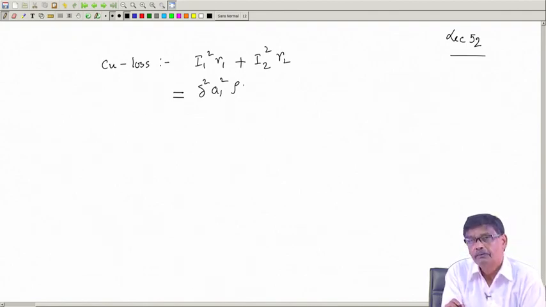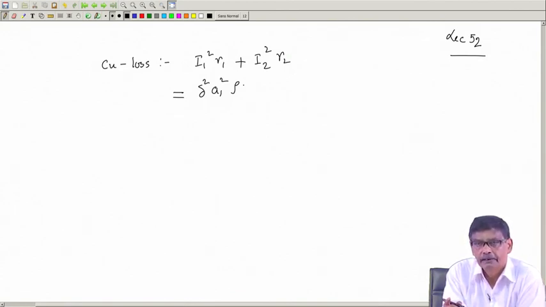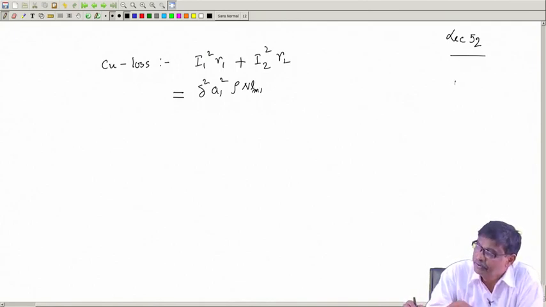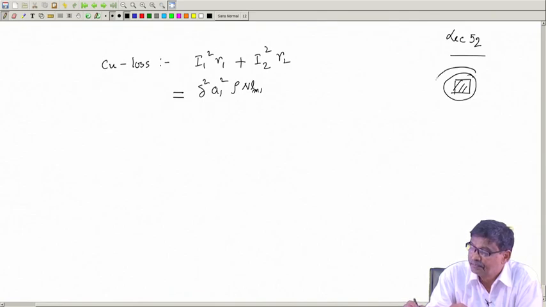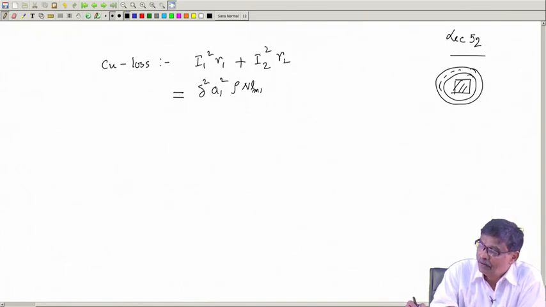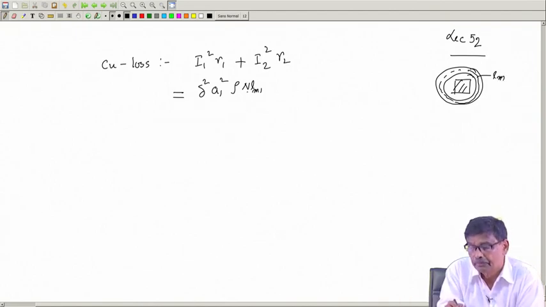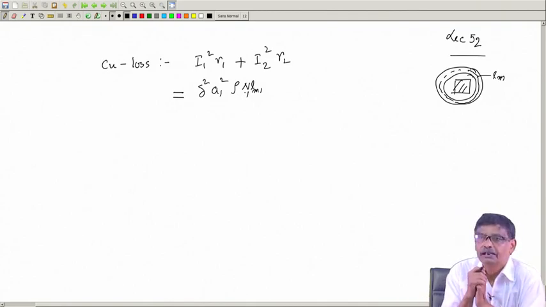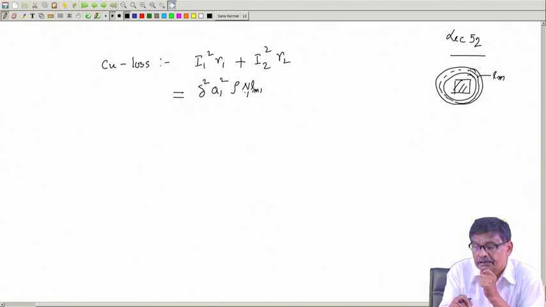Length of the copper will be proportional to the number of turns and the mean length of the turns, because you know this is the core, and the turns will be like this, several turns like this. So, the mean length of one turn you take as Lm, and multiplied by its number of turns N1, Lm, that will give you the estimate of the length of the copper conductor in the primary side.